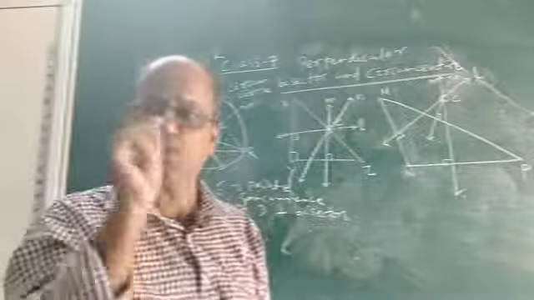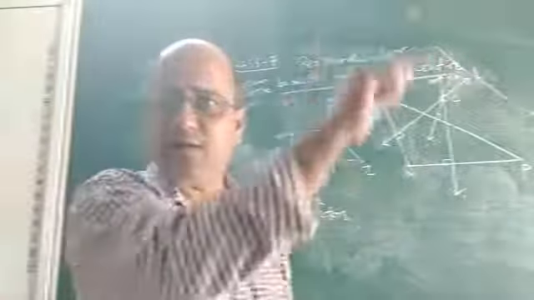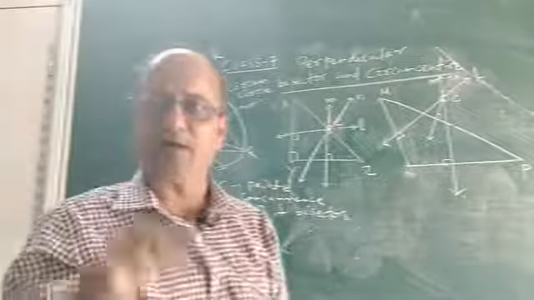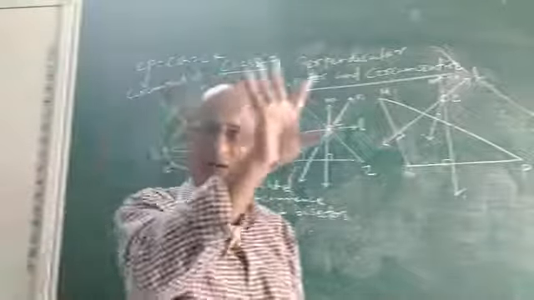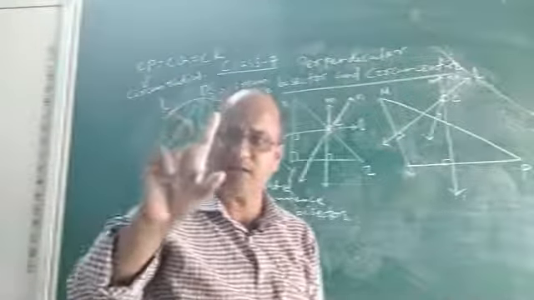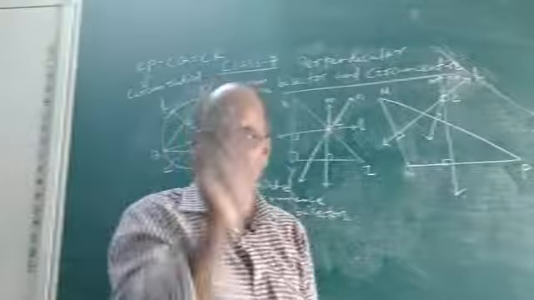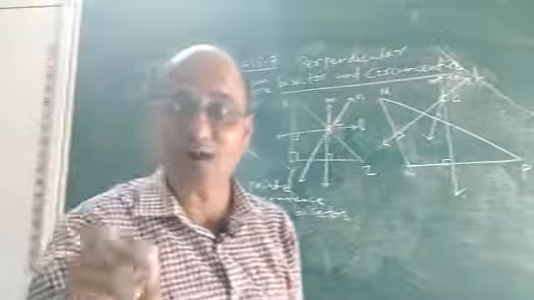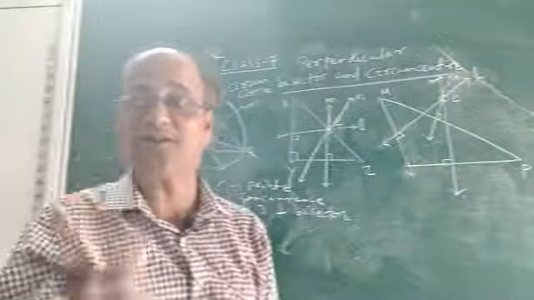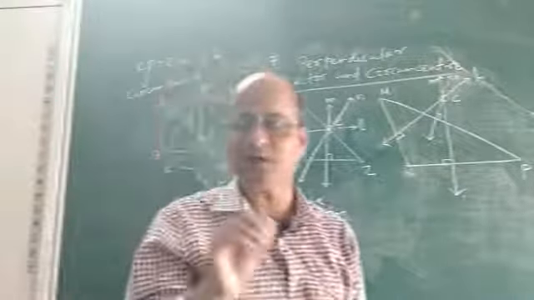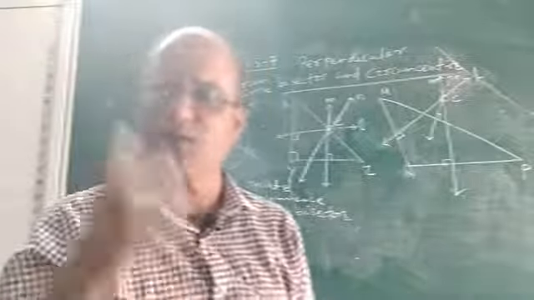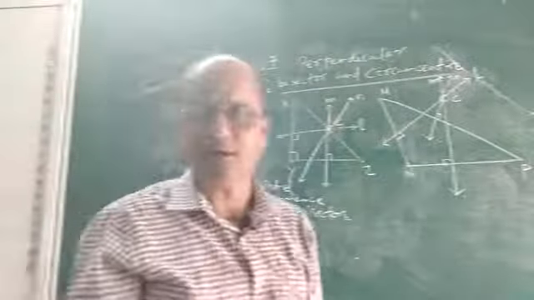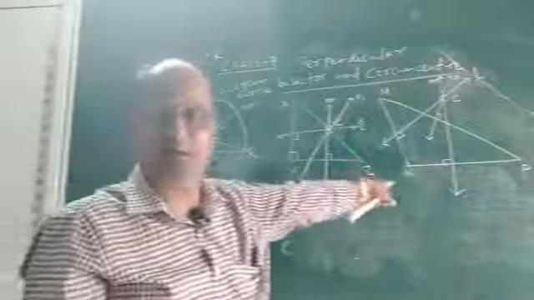Now, if you join the center to any vertex of the triangle, the distance will be the same, that is the circumradius. Taking C as the center and the circumradius, if you construct a circle, it will pass through the three vertices of the triangle, which is the required circumcircle. We can easily construct it using rounder, scale and pencil.